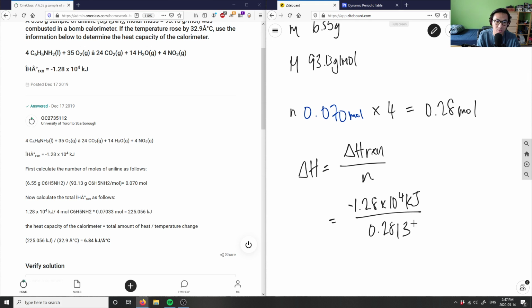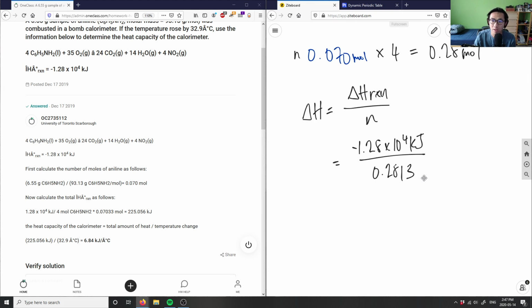Then I'm going to get a value of negative 1.28 times 10 to the 4 divided by 0.2813, the value of, let's see here, I get a value of, yeah, 10 to the 4 kilojoules divided by 0.